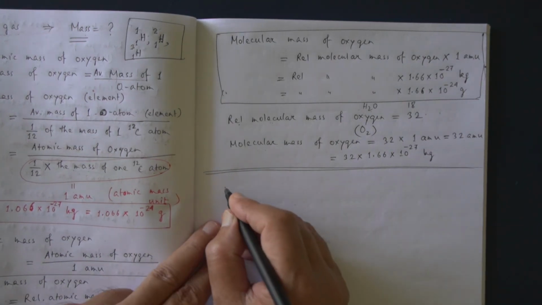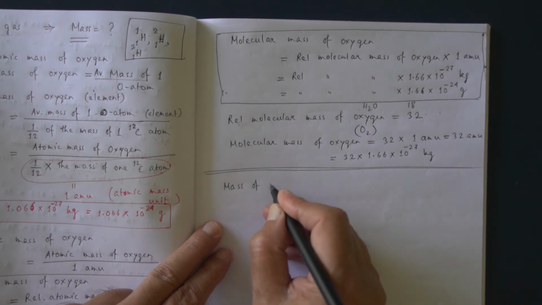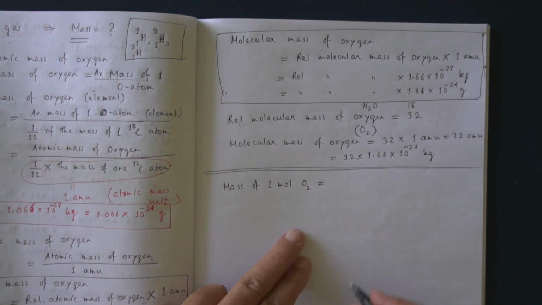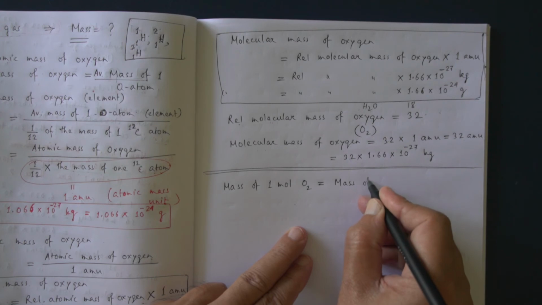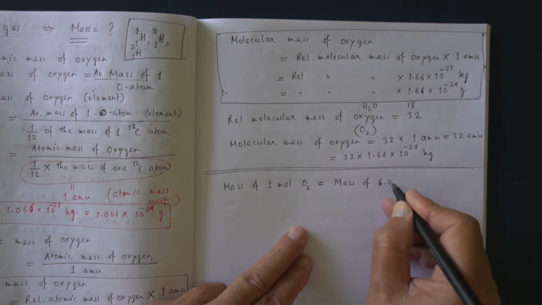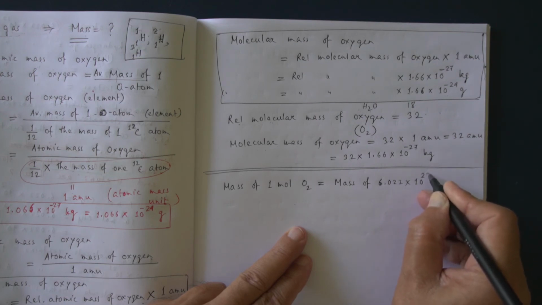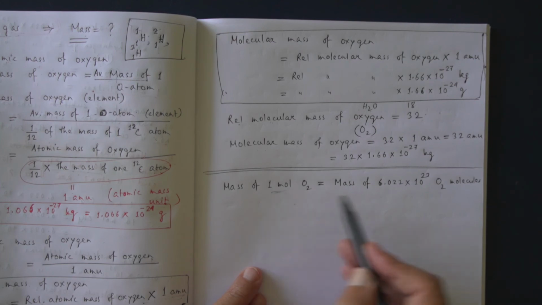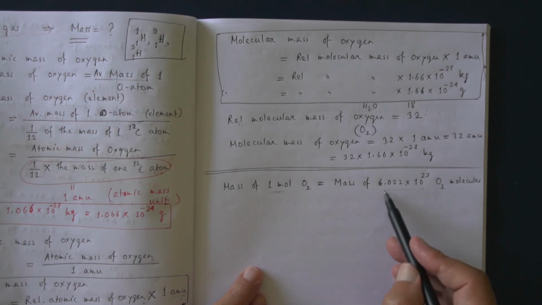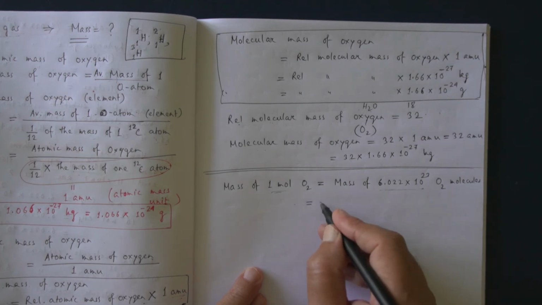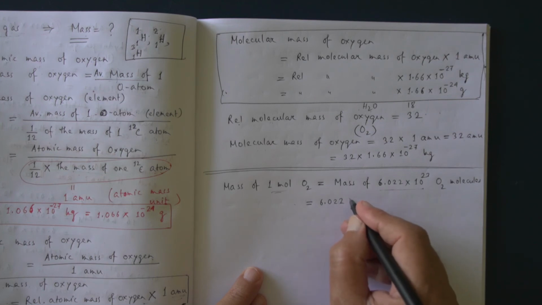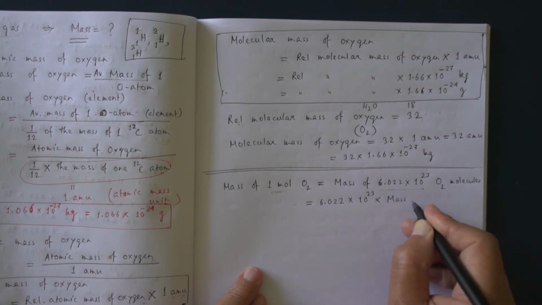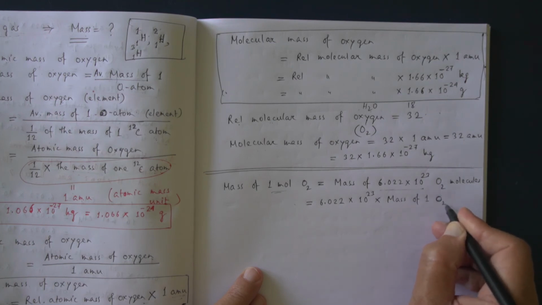Okay, now say mass of 1 mole O2. Mass of 1 mole O2 means mass of 6.022 into 10 to the power 23 O2 molecules, because 1 mole means this many. So mass of 1 mole means mass of this much, and we can write this as 6.022 into 10 to the power 23 into mass of 1 oxygen molecule.